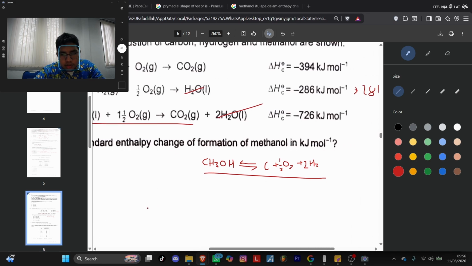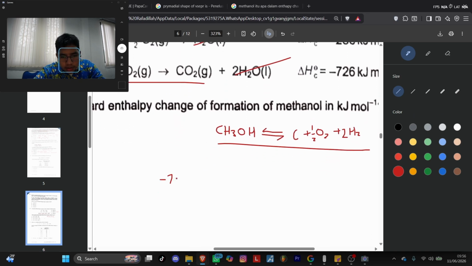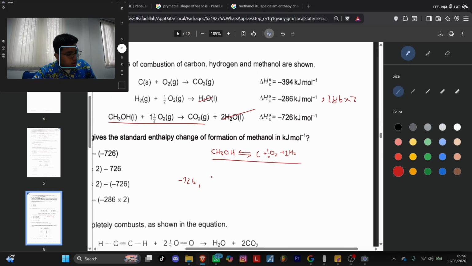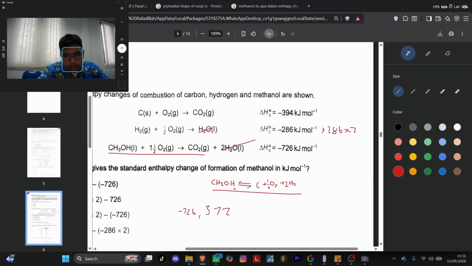So for right now it is 286 times 2, which is 572, right? Okay, and then this is already mirrored, so we can delete this, right?